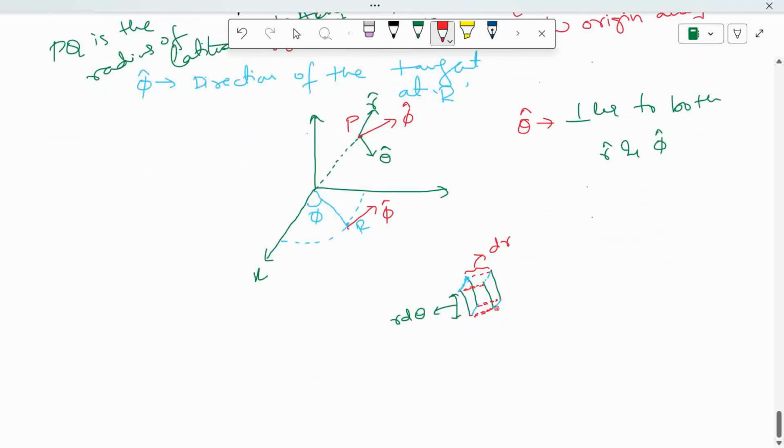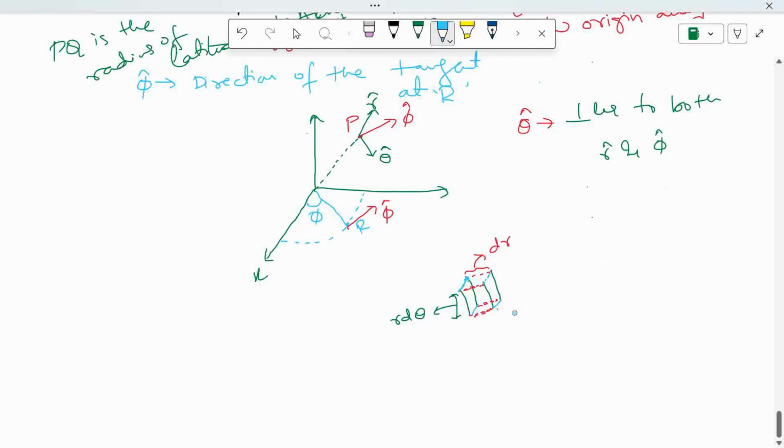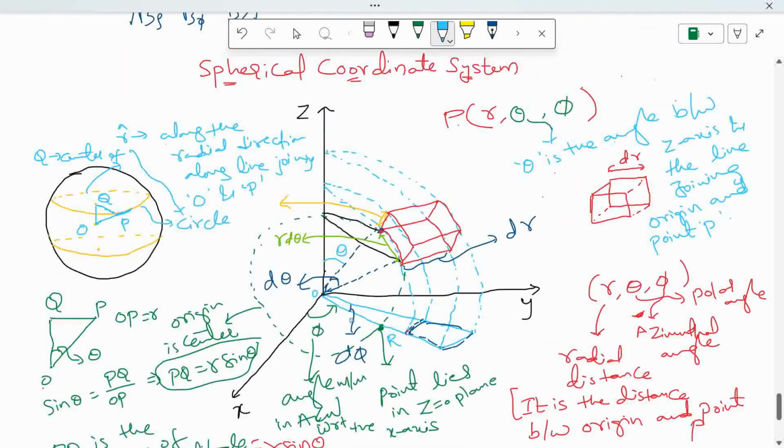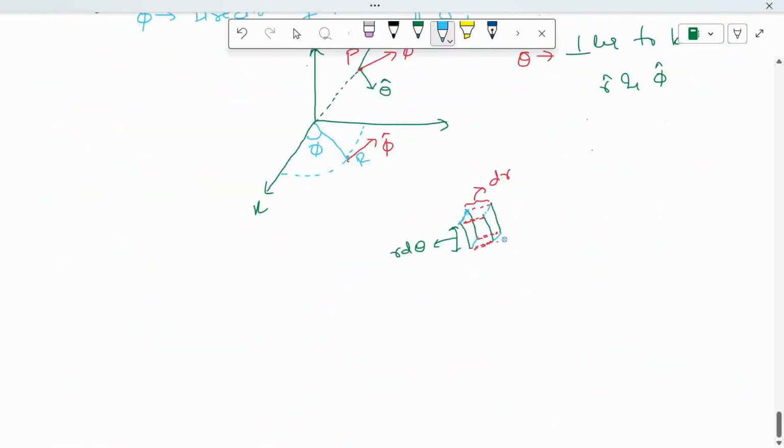The arc length would be the radius times the angle it is making, and the angle it is making is d phi here. So this angle is also d phi, times r sine theta. So this length will be r sine theta d phi. All these are linear because we are considering a differential element. So let's draw it as a perfect cuboid now.